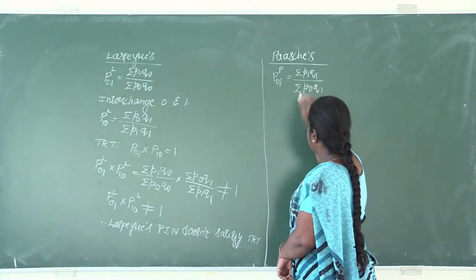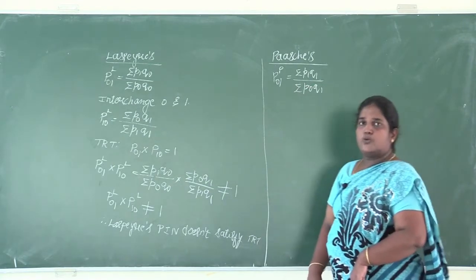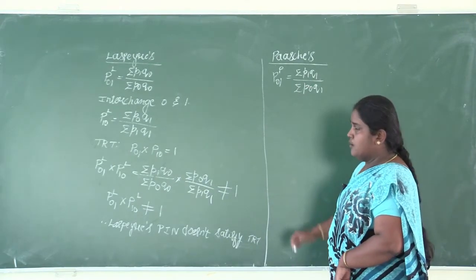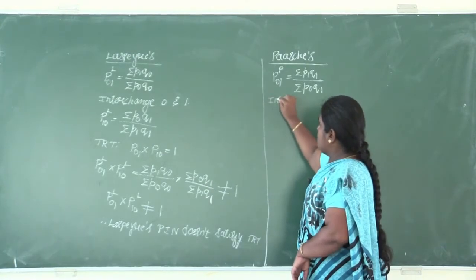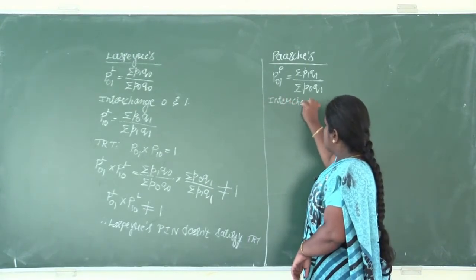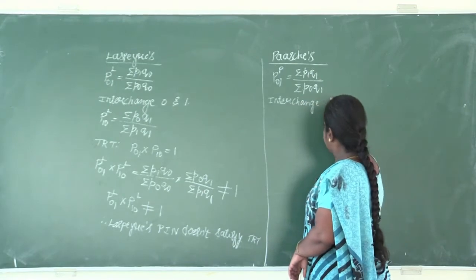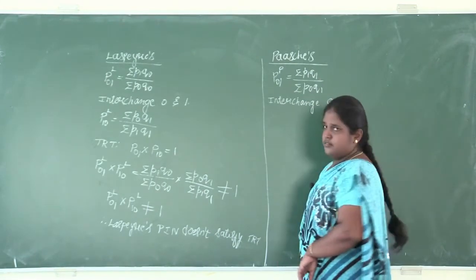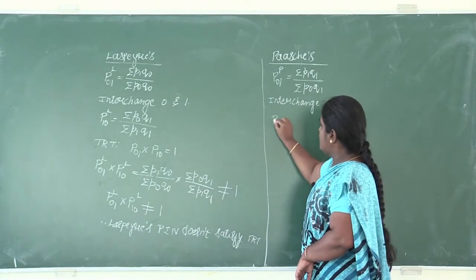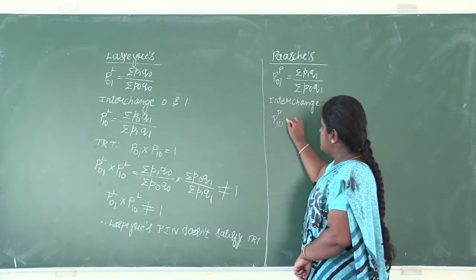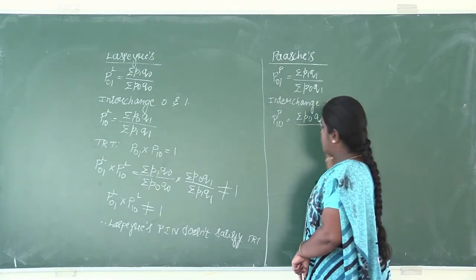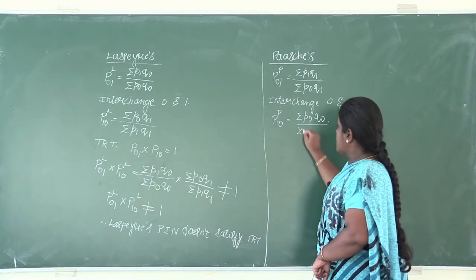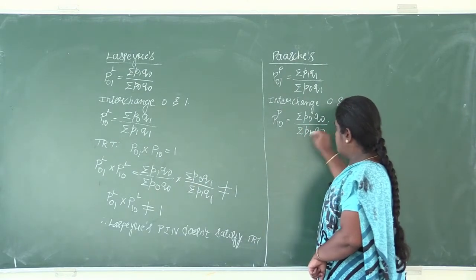So here the weight is Q1, and into 100 is not taken while doing the time reversal test. Again in this, interchange 0 and 1. When we interchange 0 and 1, we'll get P10P equals sigma P0 Q0 divided by sigma P1 Q0.